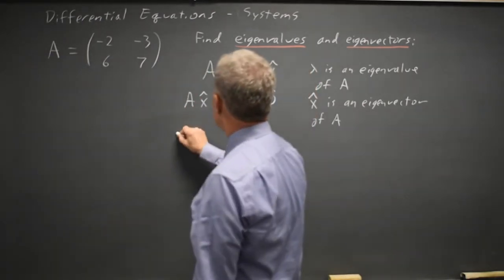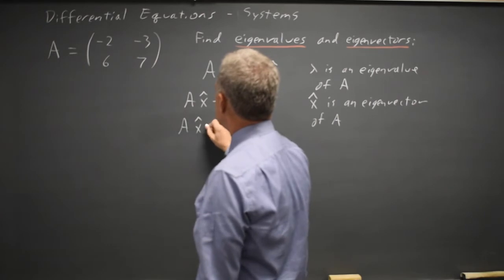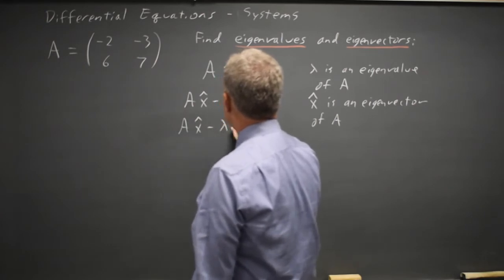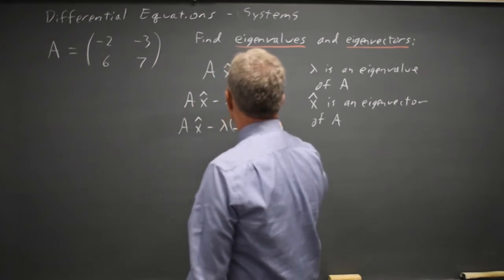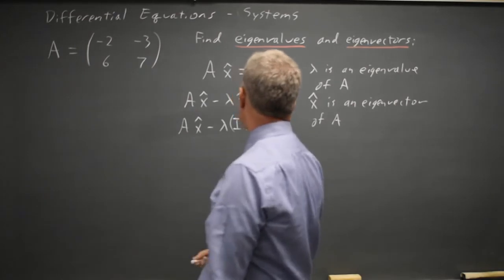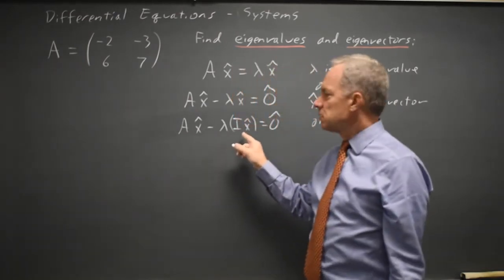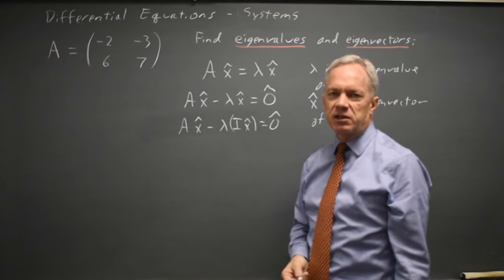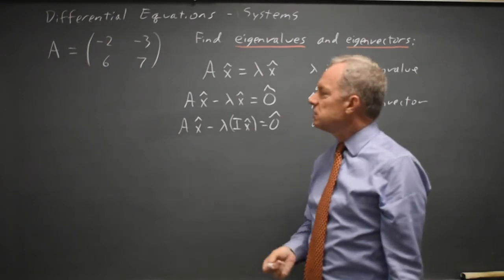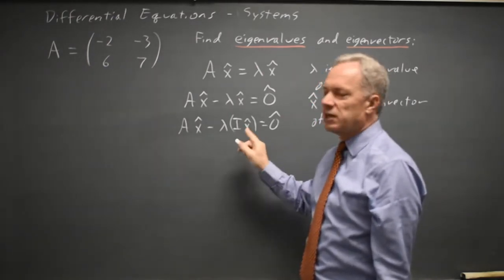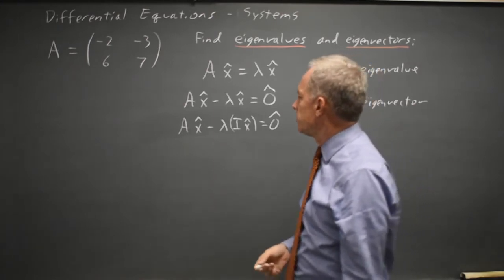But I can do this. Ax minus lambda times the identity times x equals the 0 vector. The identity matrix times vector x is still vector x, assuming identity is the same dimension as x, just the square version.